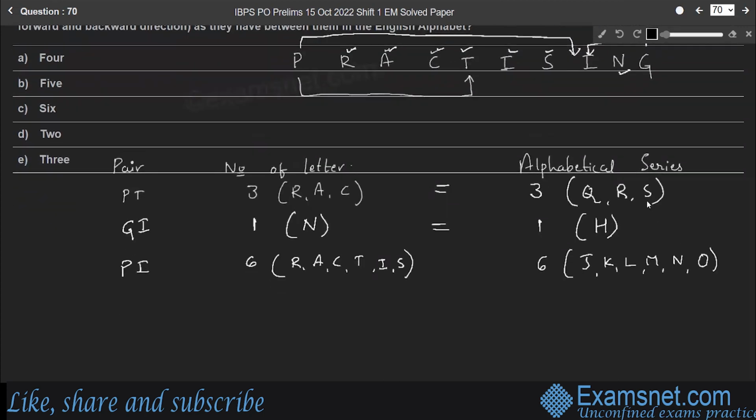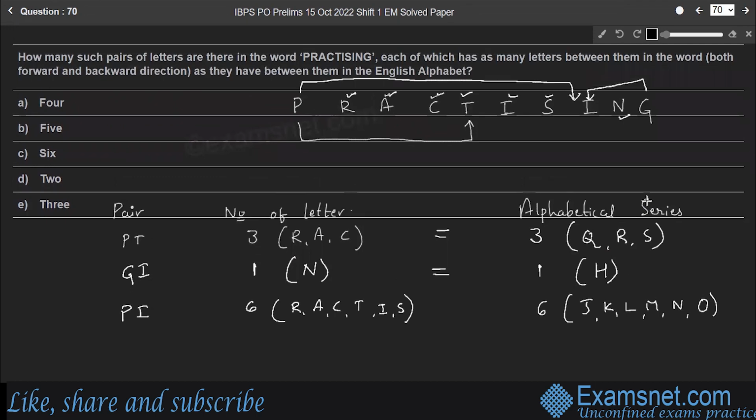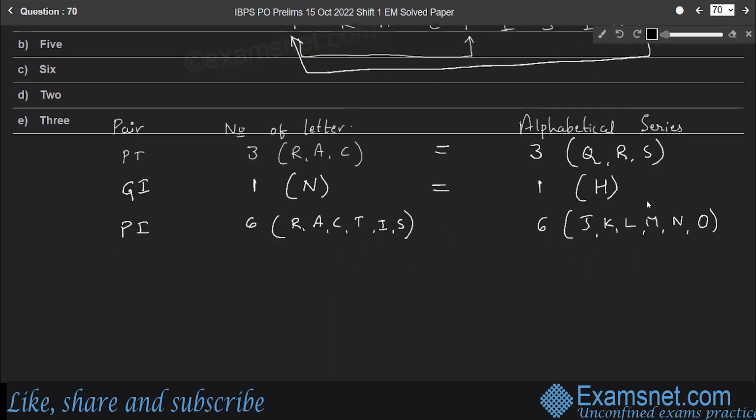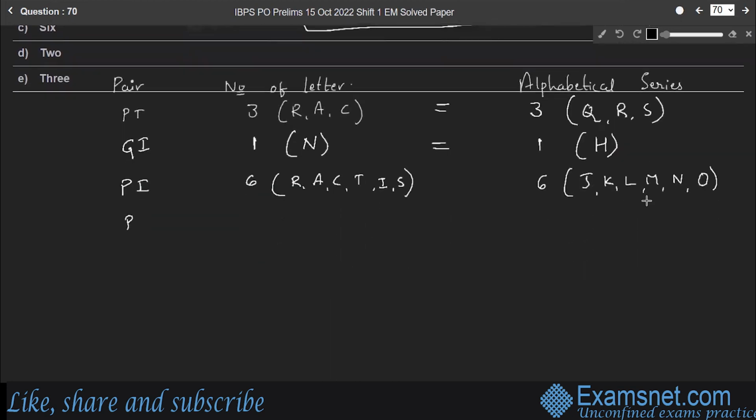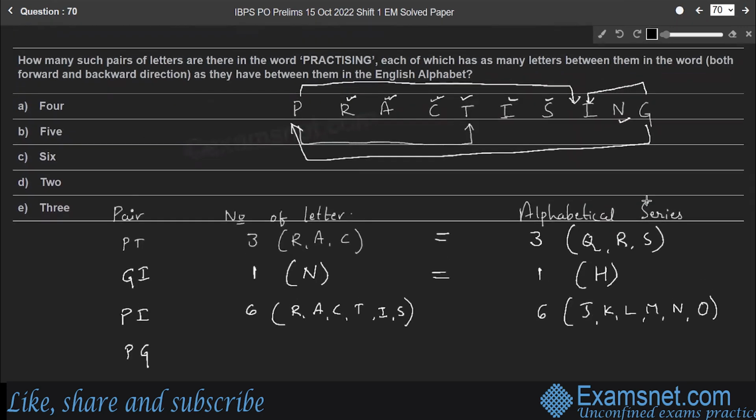And the next pair is, let us consider P and G, the first and the last letter. So the PG pair. Letters between P and G are 1, 2, 3, 4, 5, 6, 7, 8 letters.